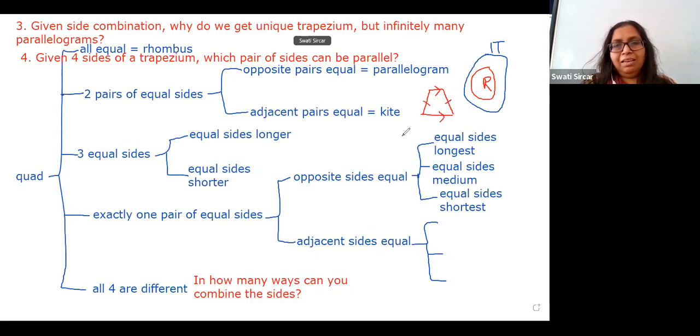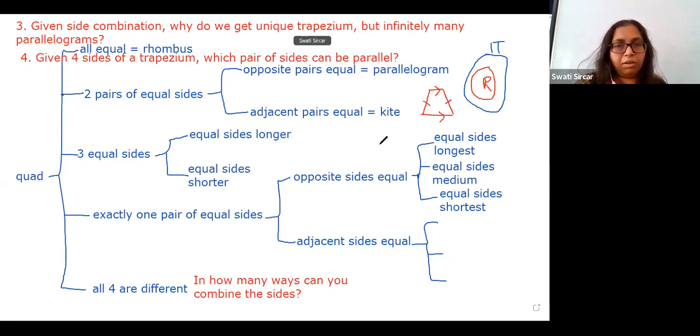But then you need to keep it open whether this pair can or cannot be parallel. Now, if you say that the non-parallel sides are equal, then you are ruling out the rectangle, which is not good.